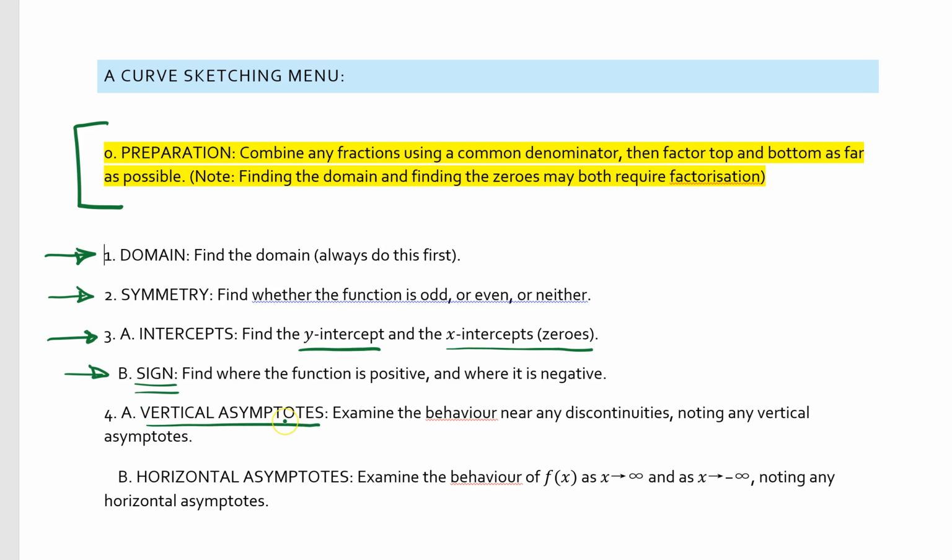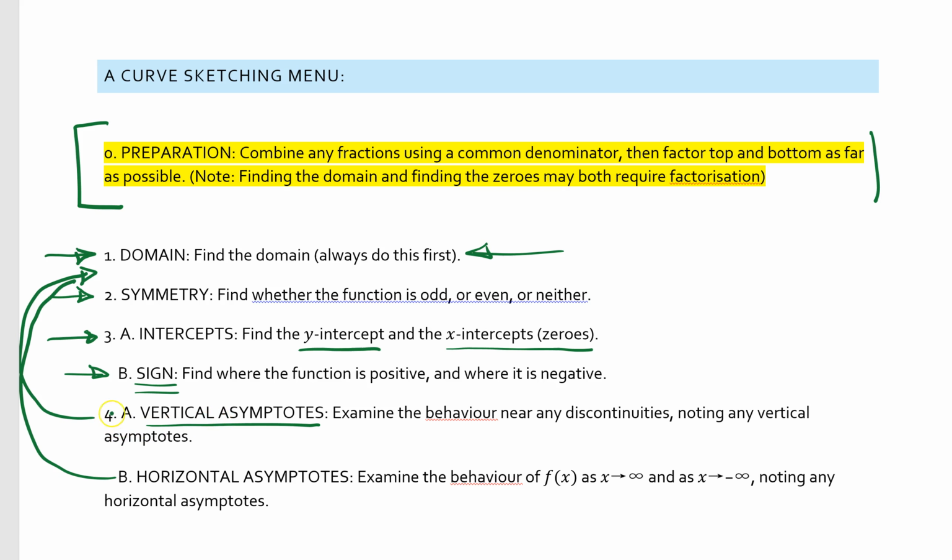Vertical asymptotes, definitely, and I would probably rate these up here somewhere. And horizontal asymptotes, have a look at as well, and I'd probably stick those up there. So I would say this is the key, this one here, to get underway. While you're doing that, be aware of this.